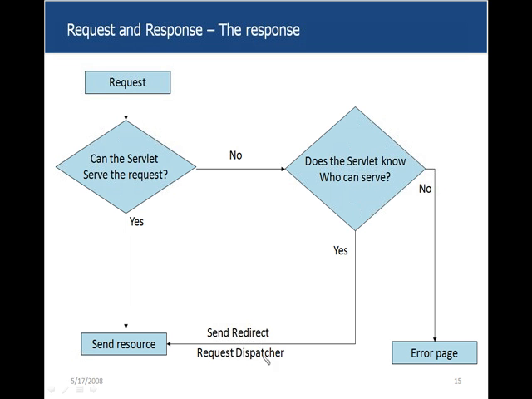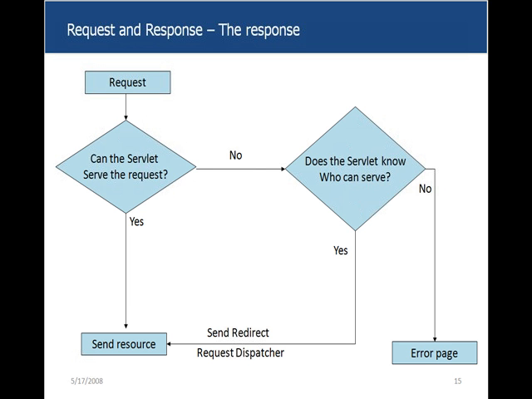Okay, so there are two ways in which it can do this. It can use either sendRedirect or RequestDispatcher. Now let's talk about the difference between these two. What is the difference between sendRedirect and RequestDispatcher? In this example of abc.com to xyz.com, what does the servlet do when you go for a sendRedirect?